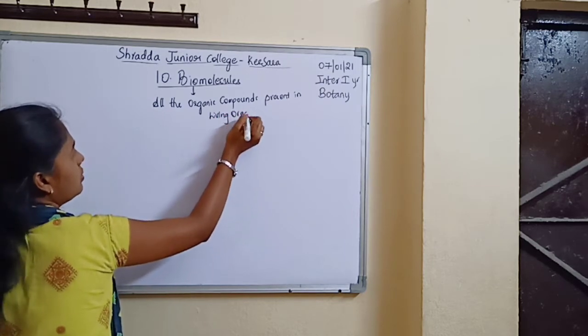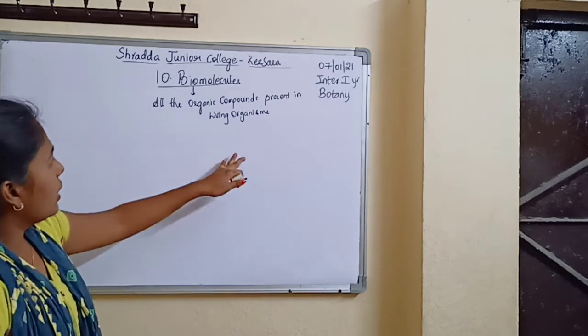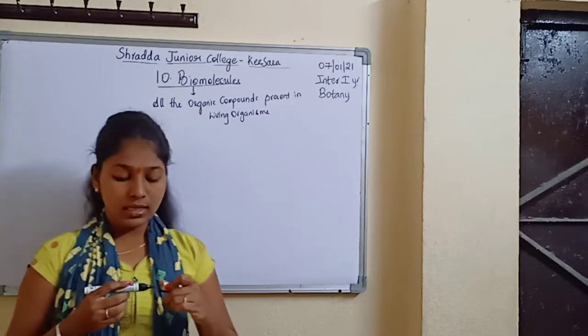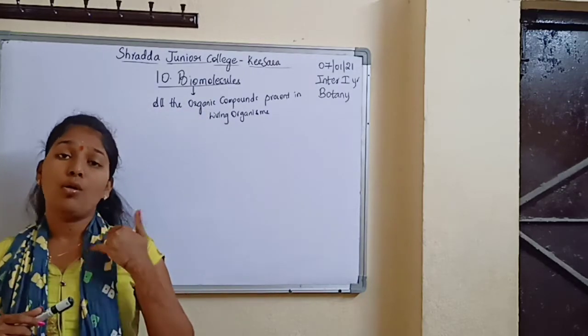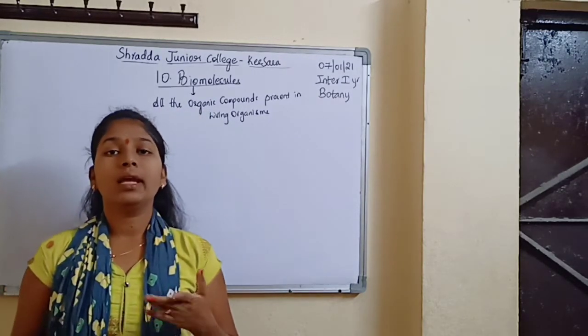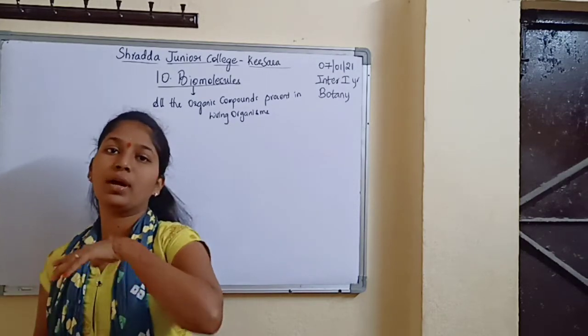Which organisms? Living. All the organic compounds present in living organisms are called biomolecules. It may be an organic form or organic elements, or it can be an inorganic element. So how will we obtain these biomolecules?